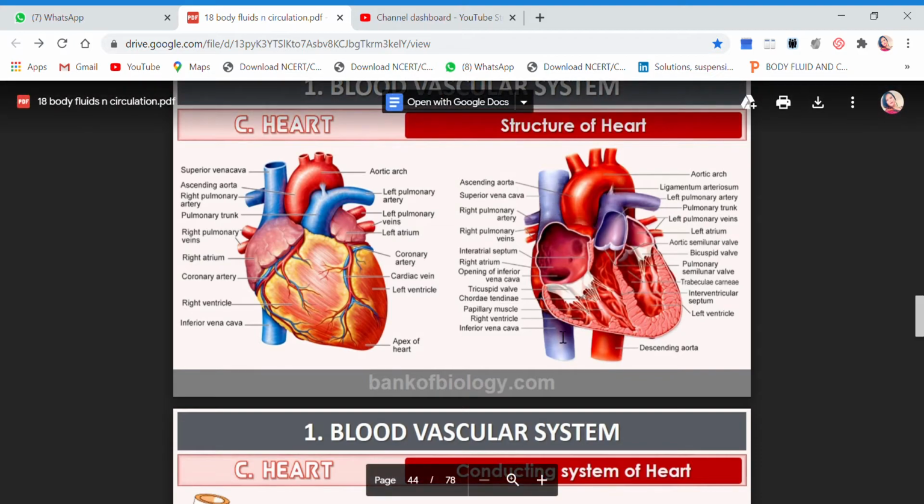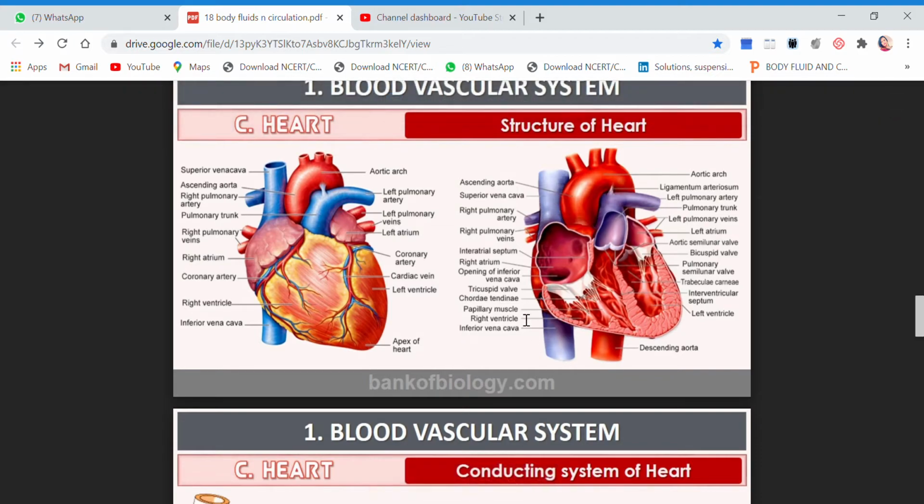What is the function of these vena cava? They collect deoxygenated blood from various body parts and give it to the right auricle. The superior vena cava collects the deoxygenated blood from the body parts above the heart, and the inferior vena cava collects the deoxygenated blood from the body parts just below our heart.